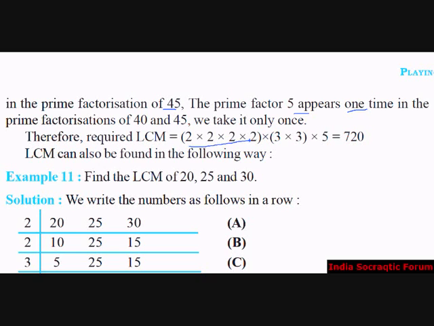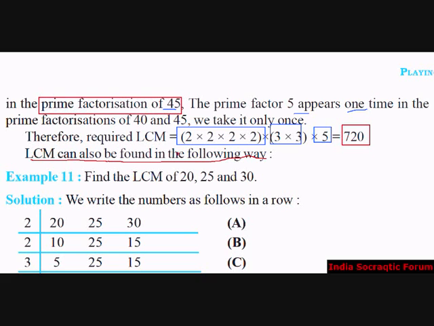Therefore the required LCM is the 2's, the 3's and the 5. When you multiply, we get the answer 720. So LCM can also be found in other ways. This way is called the prime factorization method. We take the rest later.